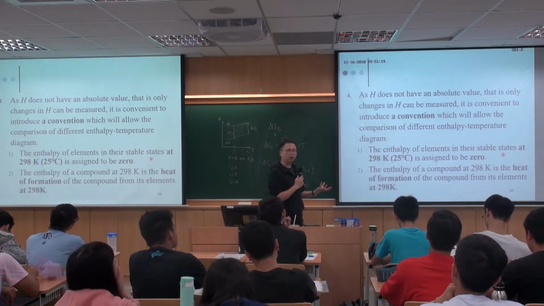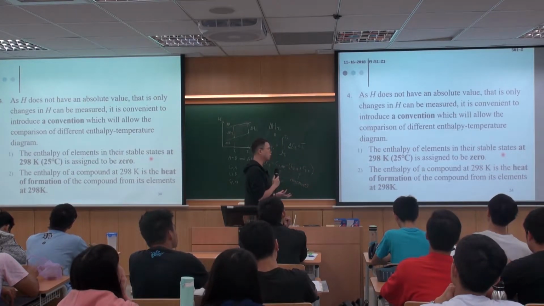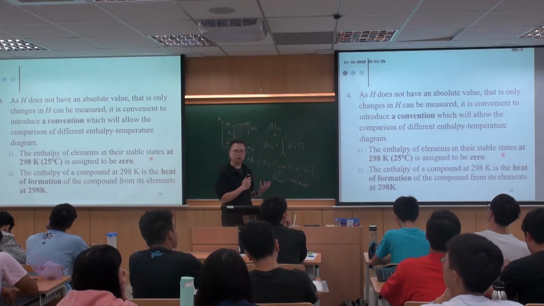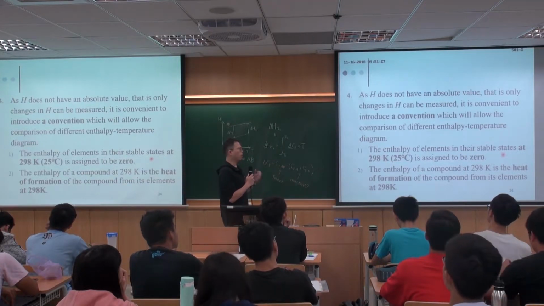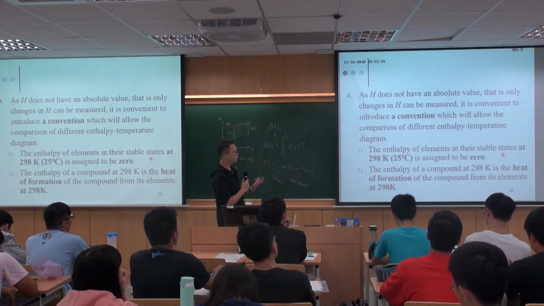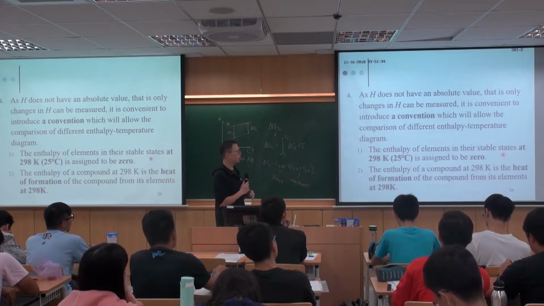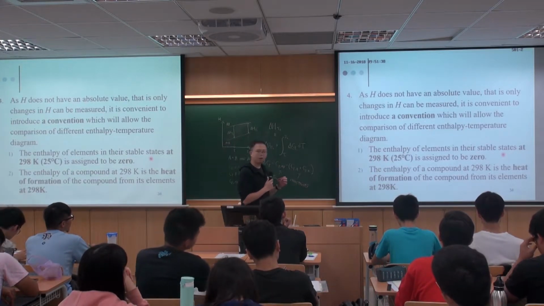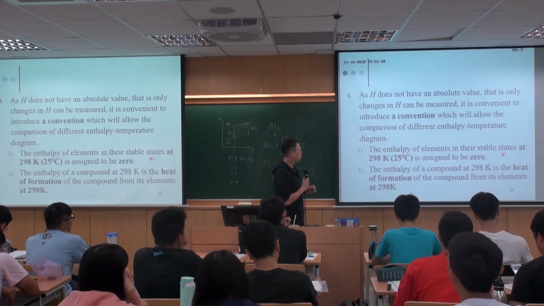For instance, for pure elements, if you're talking about oxygen at room temperature, then H is assigned to be 0. So if you're dealing with just elements like aluminum, oxygen, and gold, at room temperature, we'll assign a value of H to them, and that value will be 0.